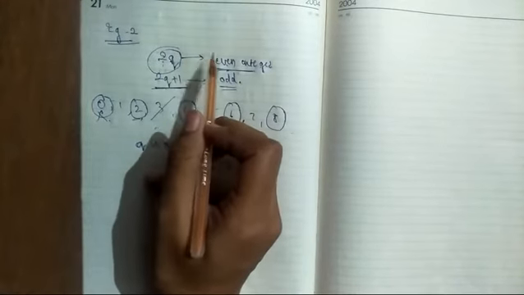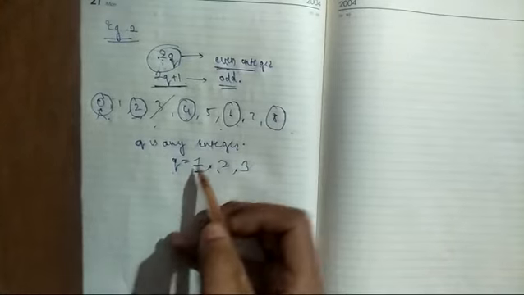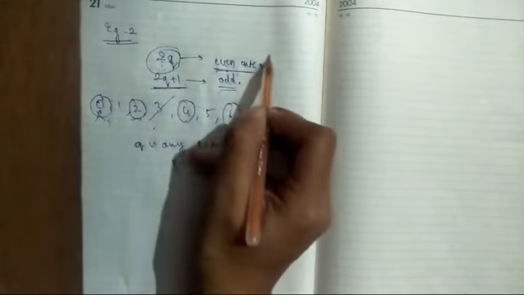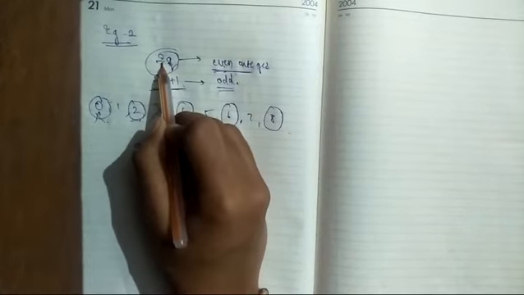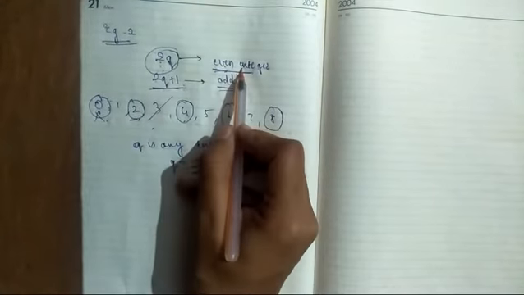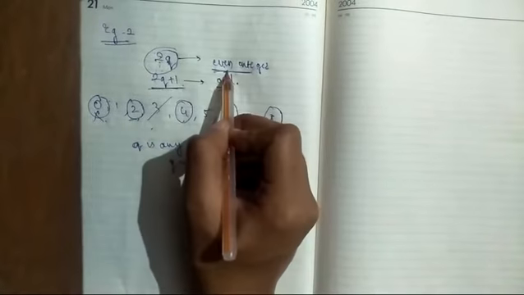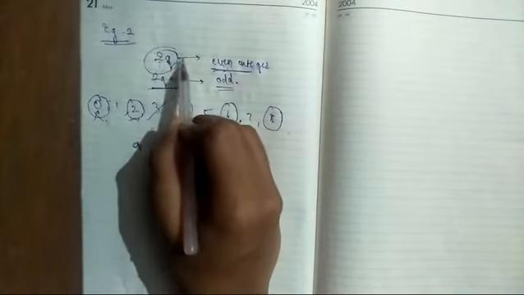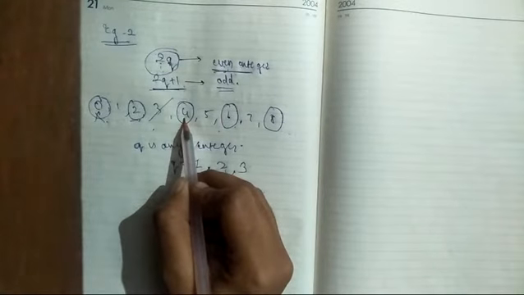Let us take q as 1 and put it in the even form. 2 into 1 is equal to 2, and 2 is even. Now let us put q equal to 2: 2 into 2 is 4. Again 4 is even.